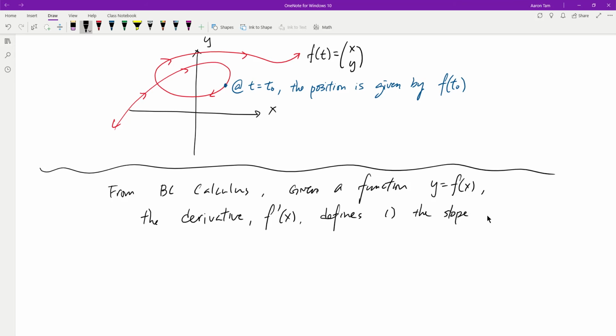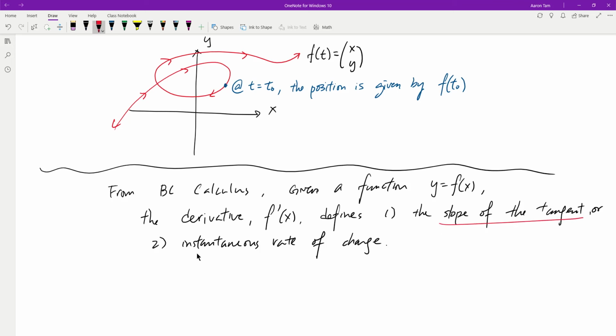Number one, the slope of the tangent, that's from a geometrical standpoint, or number two, it is referred to as the instantaneous rate of change. So it's either defined as the slope of the tangent or the instantaneous rate of change.